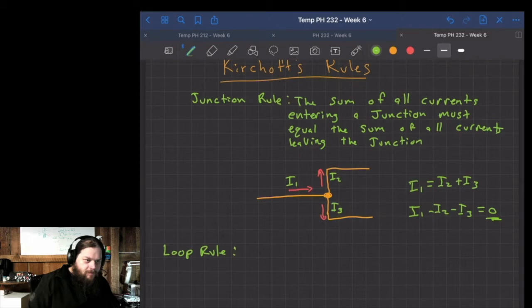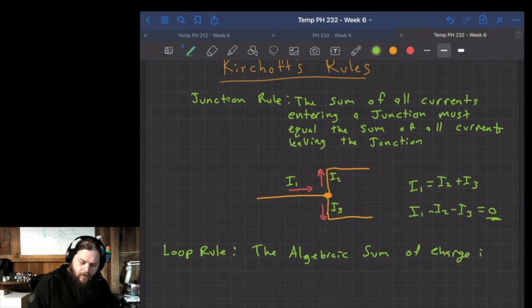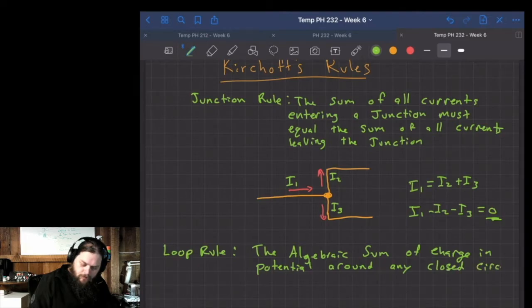So the loop rule says the algebraic sum of changes in potential around any closed circuit path or loop, which is why it's a loop rule, must be 0.